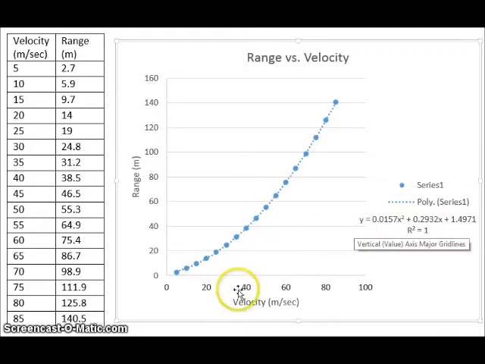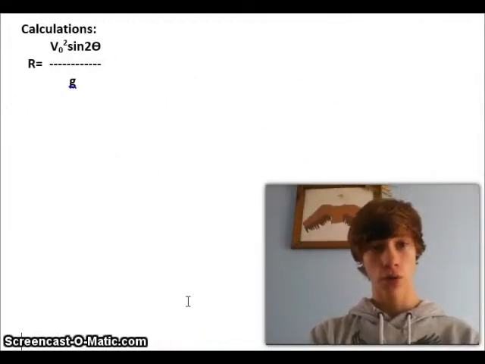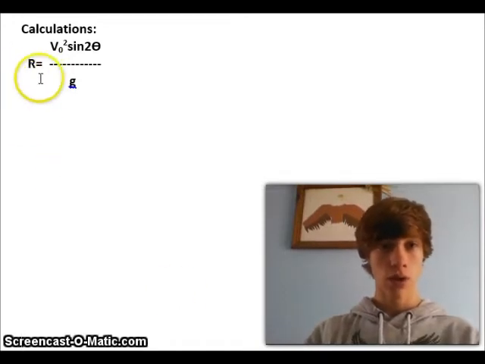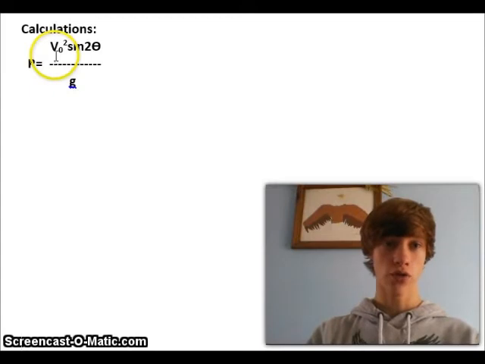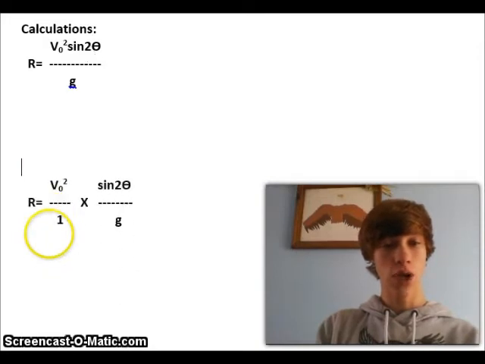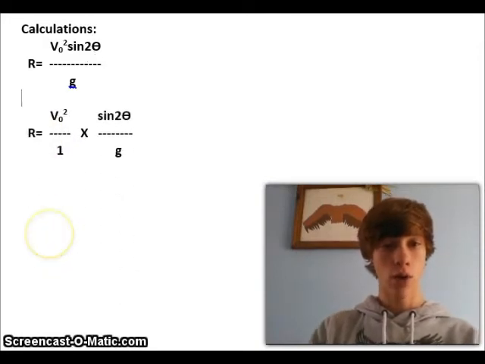And now we are going to show the linearization of the range equation when considering changes in velocity. So first up we have our range equation here. Range equals the initial velocity squared times sine 2 theta divided by gravity. We're going to manipulate this a little bit to get a linear equation.